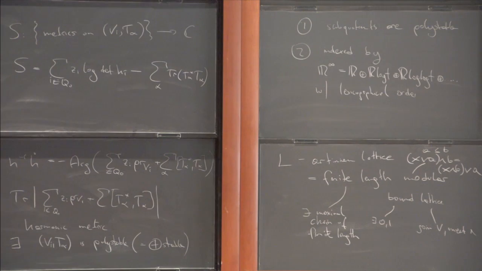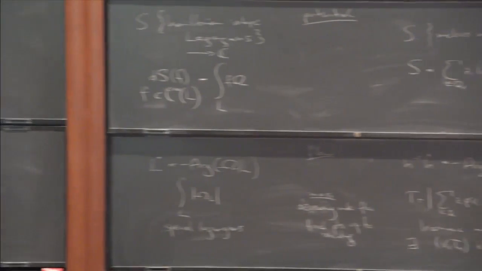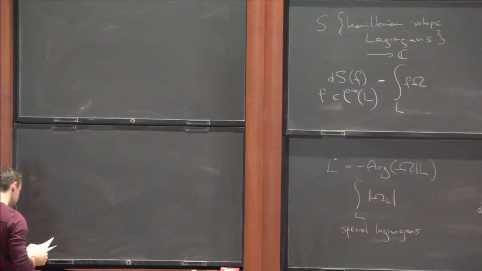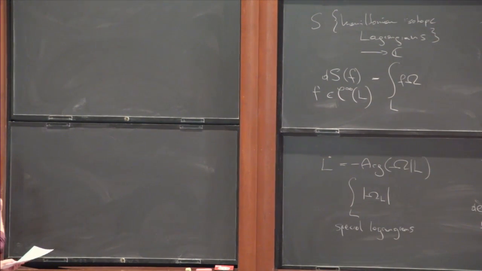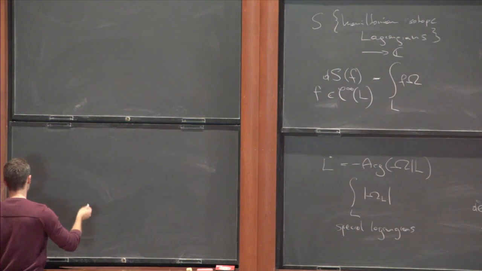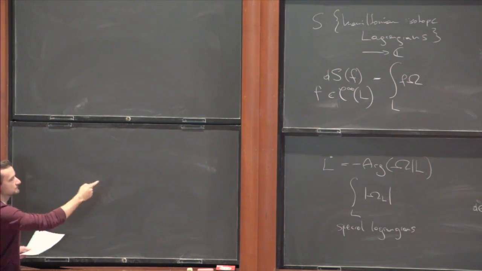Now I'll say how this relates to stability and these things. Besides the modular lattice, there's another ingredient which comes from the central charge.